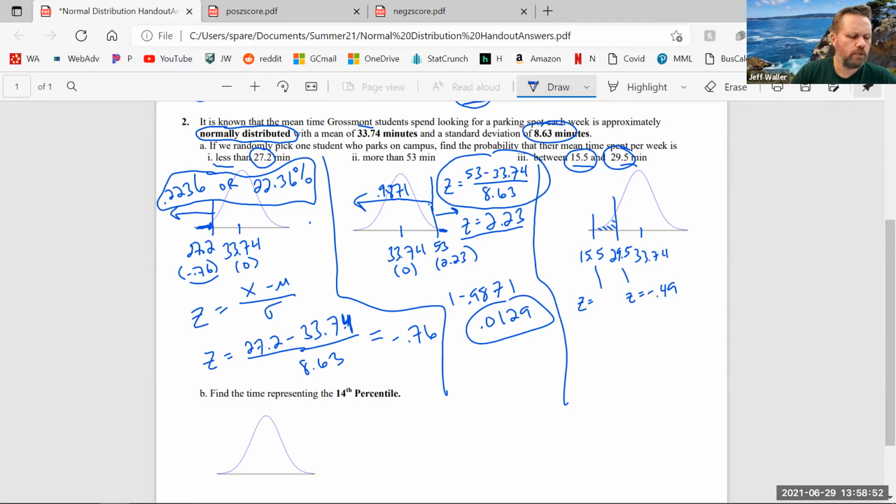Ooh. Did anybody get negative 2.11? Yeah, negative 2.11. Oh, yeah, I forgot to put the 0.5 in for the 15. Oh, okay. All right. Now, what do I do from here?